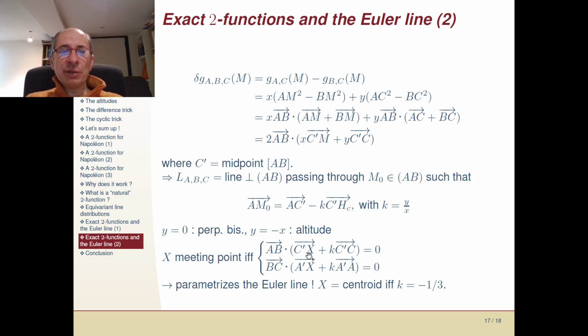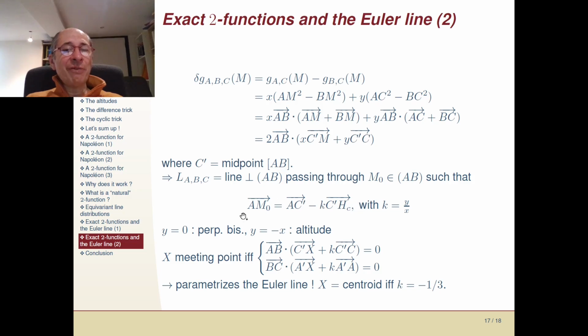So you have two equations, and you obtain a system of linear equations which you can solve using Cramer formulae, for instance, and you see that the solutions depend on k in a linear way, because you can put this scalar product AB times C prime C on the other side, and you see that it depends linearly on k. So it means that the meeting point moves on a line because its coordinates are given by a first-degree polynomial in the parameter k.